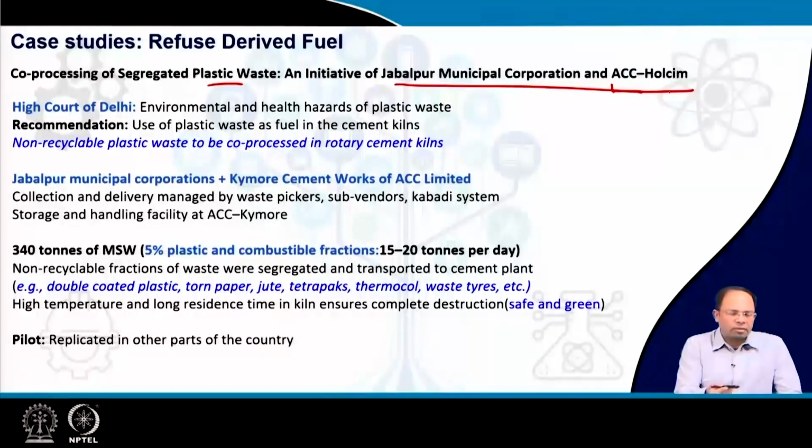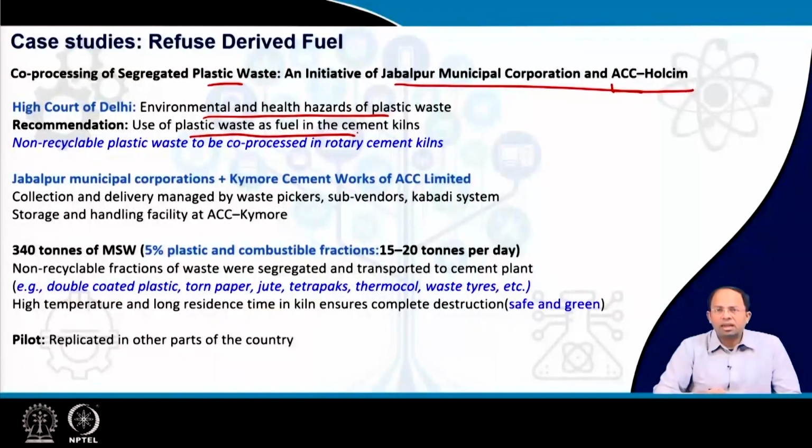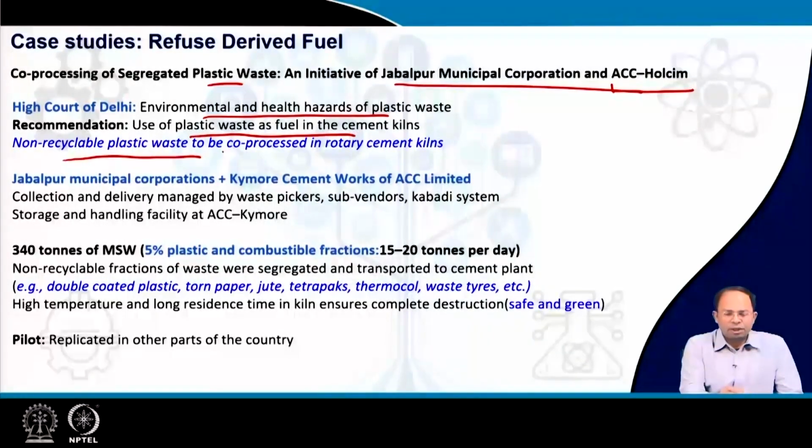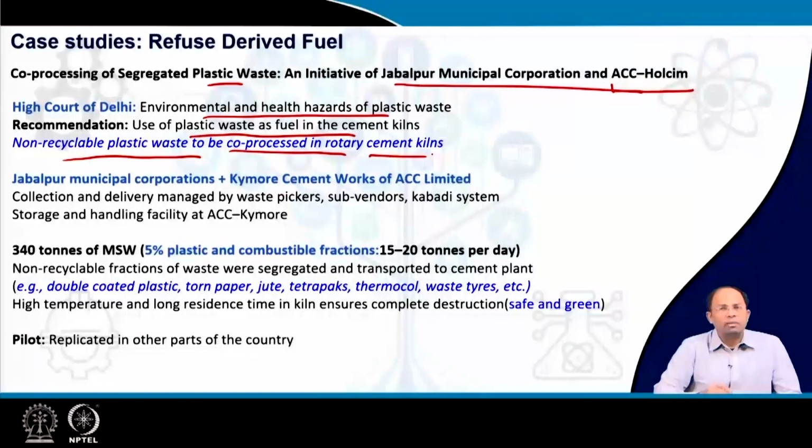This was initiated when the High Court of Delhi was concerned about the environmental and health hazards resulting from plastic waste in the city, and the recommendation committee recommended the use of plastic waste as fuel in cement kilns initially, and then it was suggested that non-recyclable plastic waste in Delhi be co-processed in rotary cement kilns.